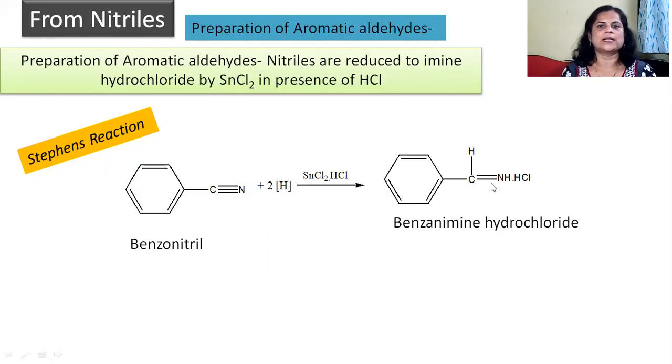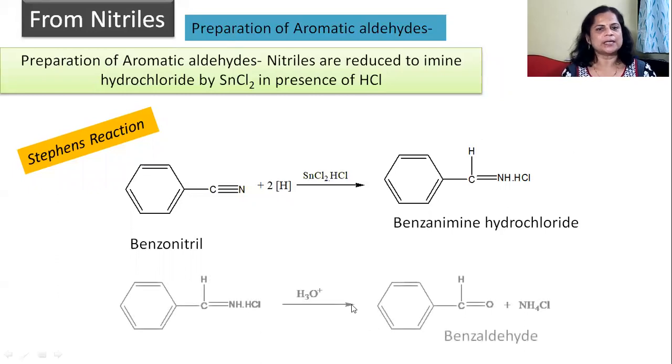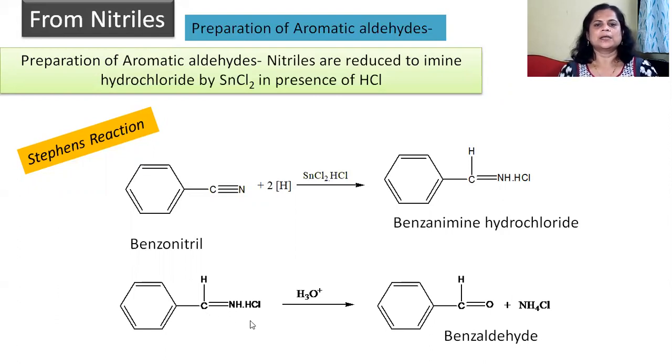That structure is called an imine. In the second step, this benzimine hydrochloride undergoes acid hydrolysis, and the NH·HCl part is removed in the form of NH4Cl, and we get the structure benzaldehyde as a product.